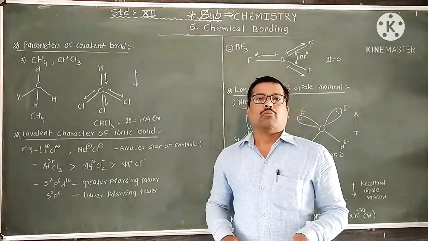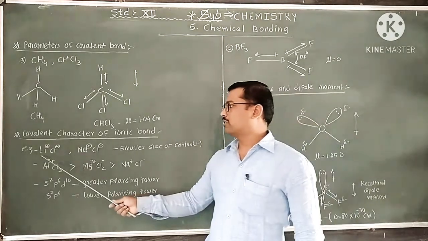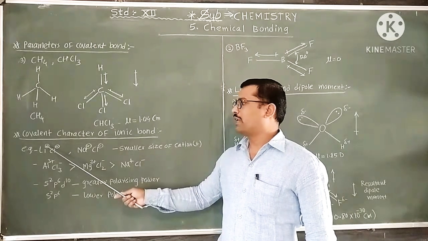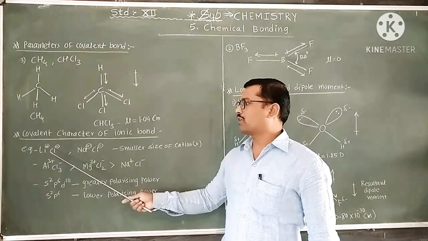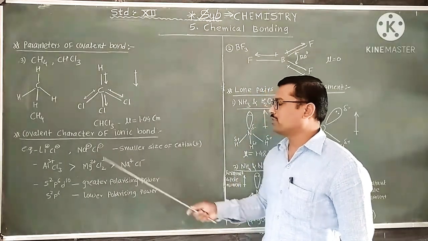For example, here we are taking 2 examples. This is lithium chloride and this is sodium chloride. Here lithium carries a positive charge, chlorine carries a negative charge, sodium carries a positive charge, chlorine carries a negative charge.